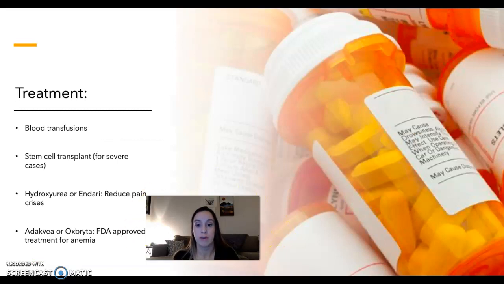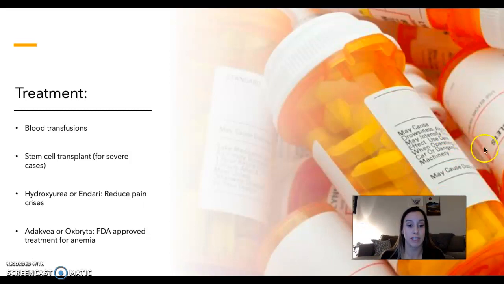As for treatment, there really isn't a treatment as of right now, unfortunately, to change that abnormality in the red blood cell, but there are a lot of things that can help you live your day-to-day life without being stuck in bed because you're in so much pain. Doctors will do blood transfusions.